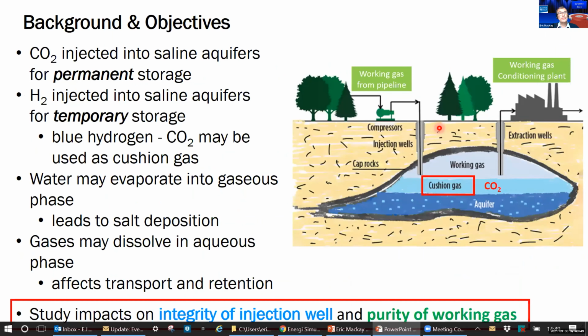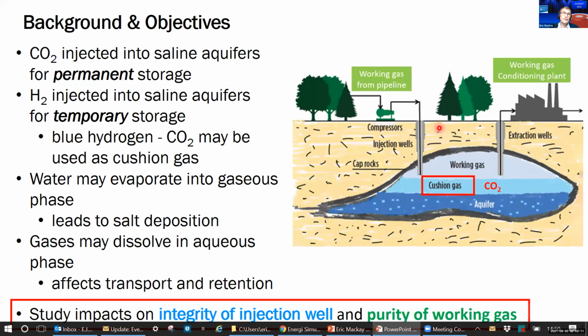So the background to this is that, as Andrew introduced, we need to be increasingly looking at the energy transition and how to make energy production and distribution cleaner. And one component of that is CCUS, injecting CO2.